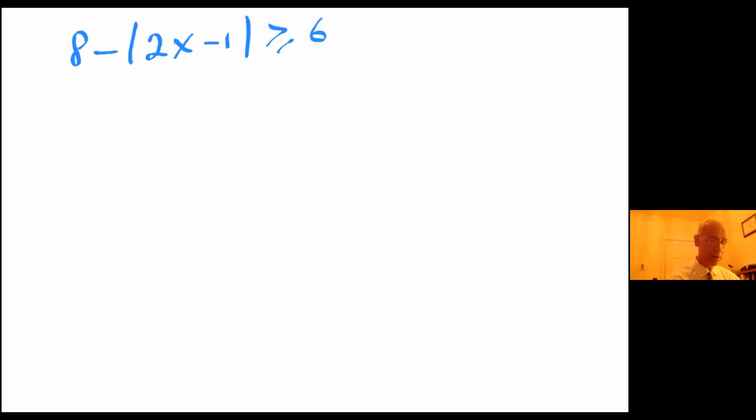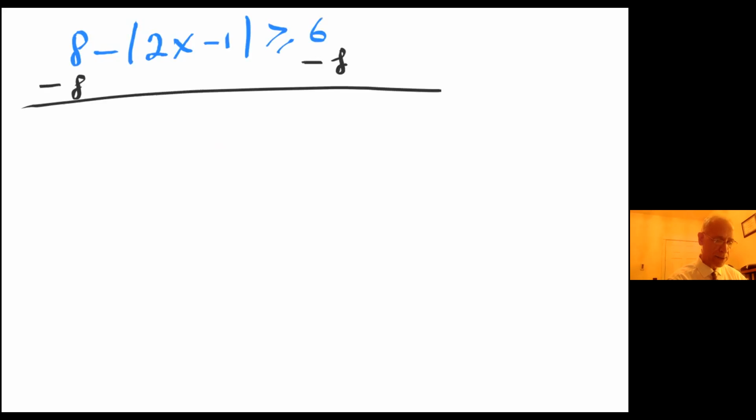So what I'm going to do is, first of all, subtract 8 from both sides. I'm going to get minus absolute value of 2x minus 1 is greater than or equal to -2.